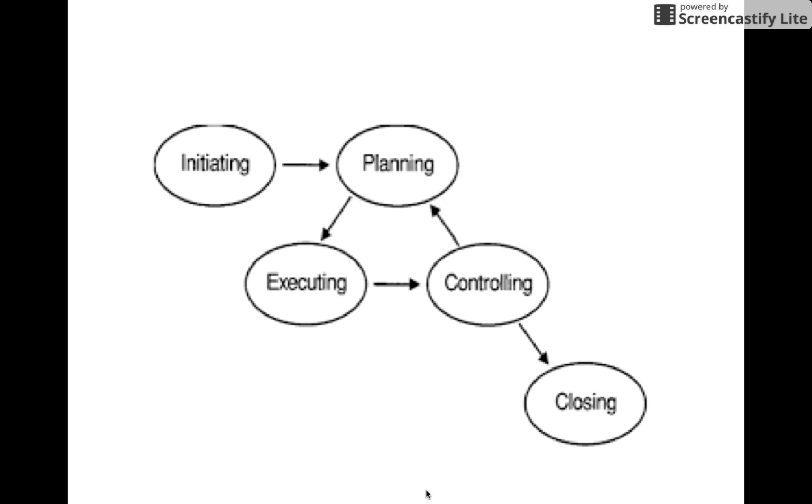So we had many processes defined in the chapter, establishing again that objective, defining your scope, creating your work breakdown structure, assigning responsibilities, defining specific activities, sequencing your activities, estimating your activity resources, activity durations, developing your schedule, estimating activity cost, and determining your budget.